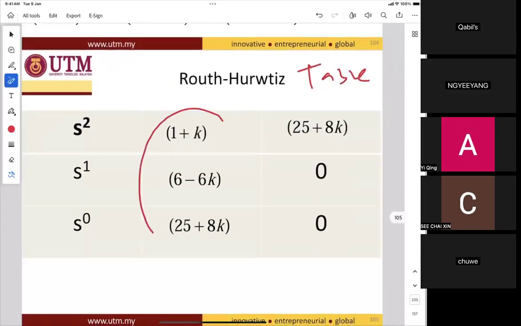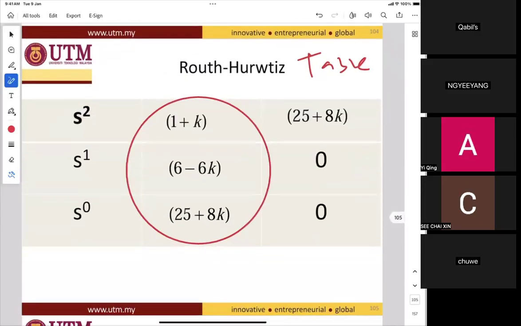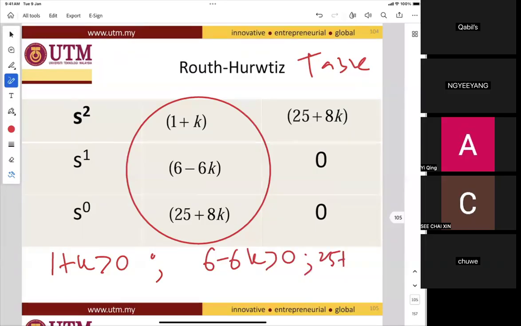Then you use this first column: 1 plus K greater than 0, 6 minus 6K greater than 0, and 25 plus something greater than 0.